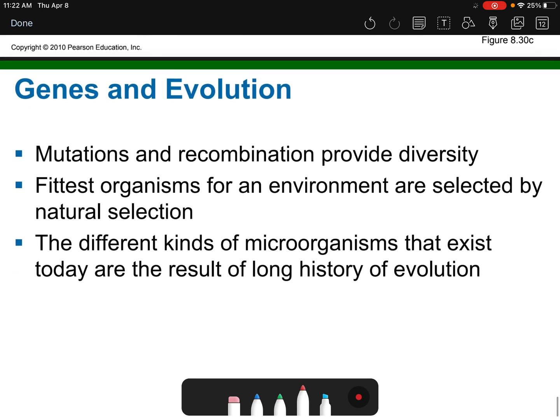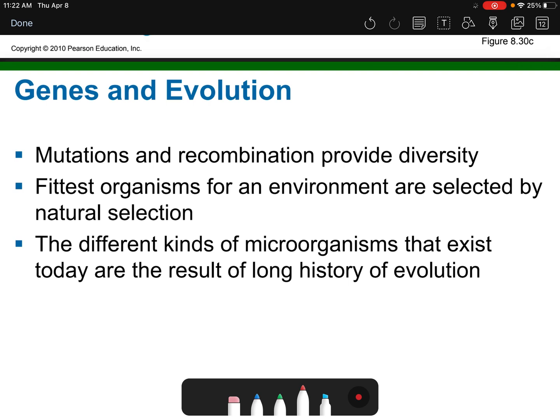As far as genes and evolution, remember that anytime you have a mutation or a change in your DNA, or if you picked up some new DNA and it recombined in some way, that's going to provide diversity or variation. Variation is a component needed for natural selection to occur.